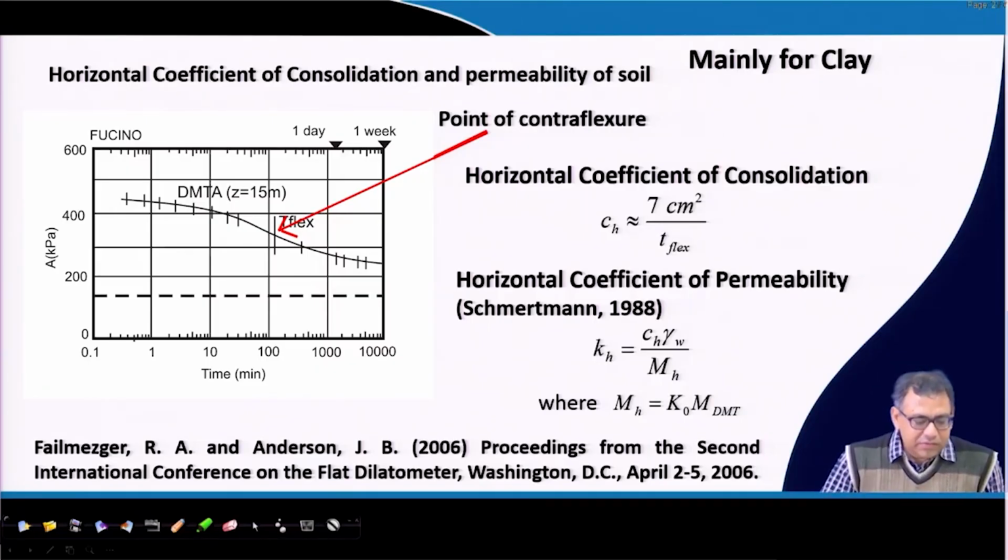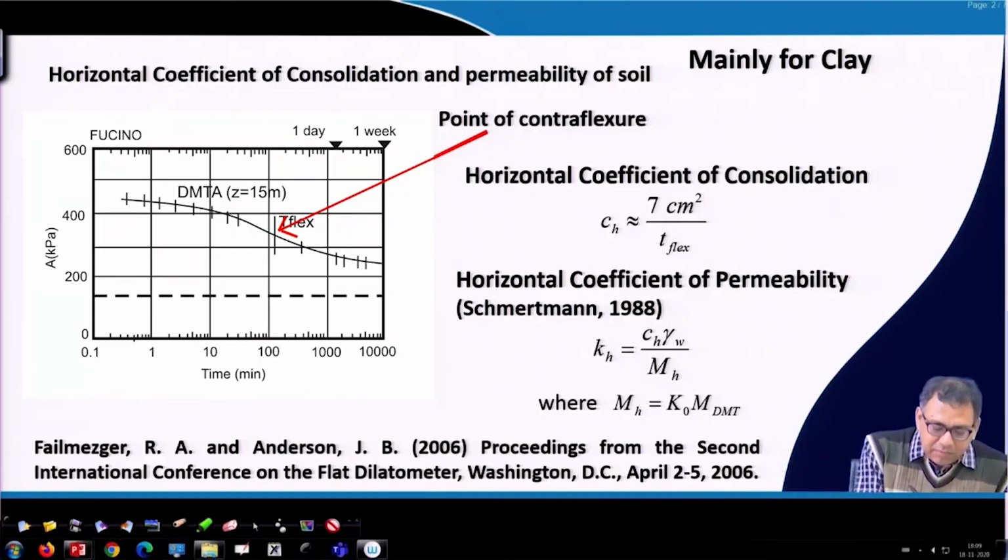You can see, this is the curvature, and then there is a change in curvature. So, we have to identify that point, and that point and the corresponding time will give me the T flex. This is called the point of counterflexure, and this is small T flex.